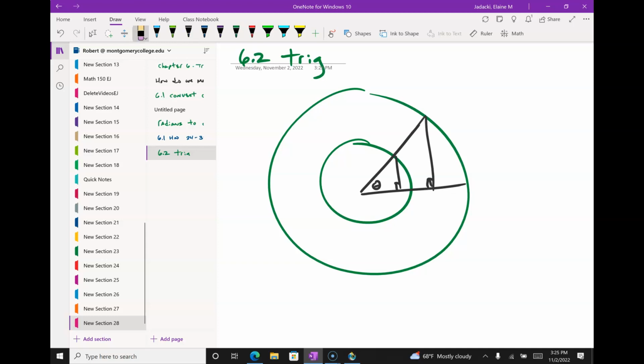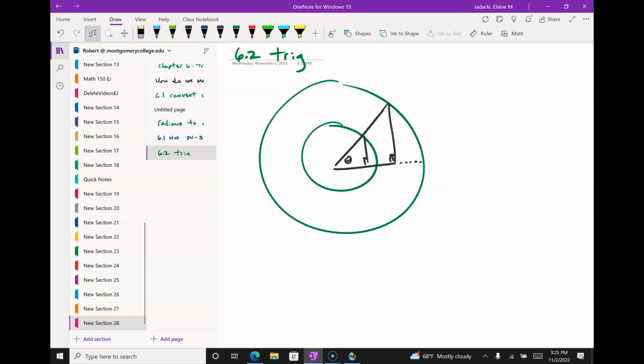I want to see the hypotenuse is the radius and the other piece is the radius. It turns out there's something pretty unique about both of these triangles that makes it so special that we give it a name. Does anybody know the names we're going to start to talk about? We're going to talk about sine, cosine and tangent.